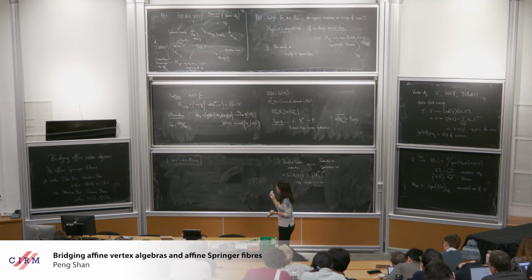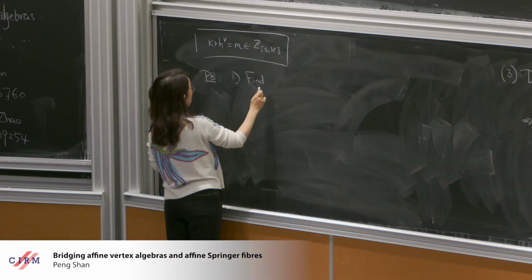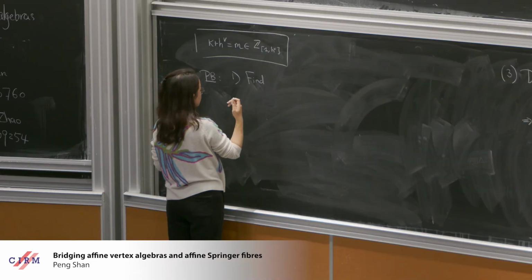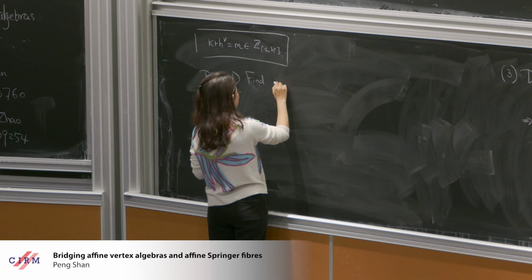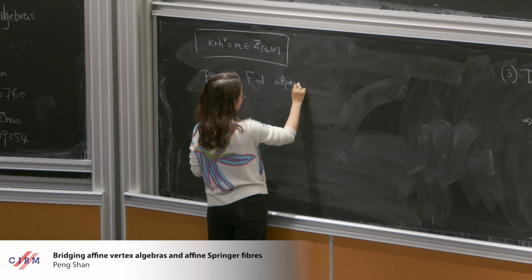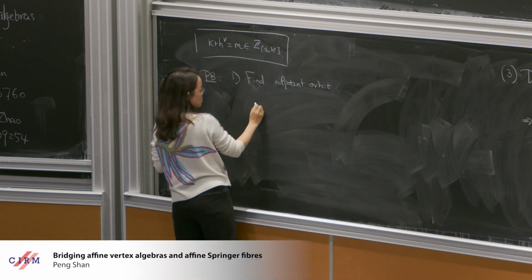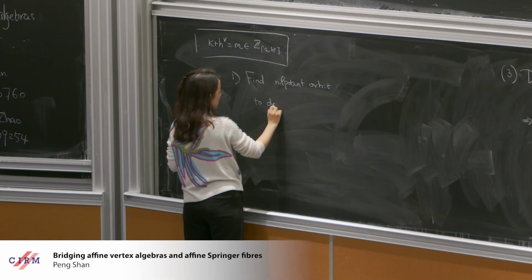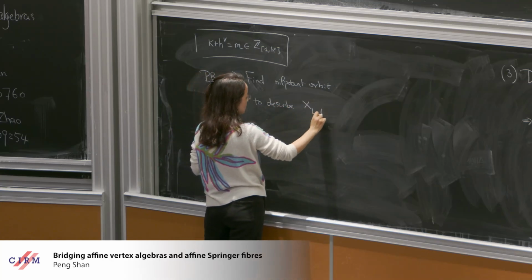So the problem is you want to find some nilpotent orbit which allows you to describe the associated variety.